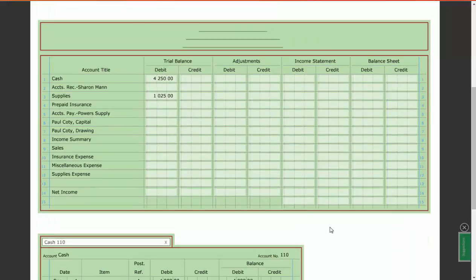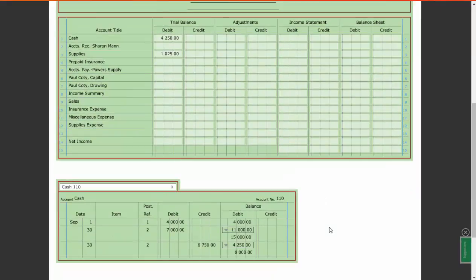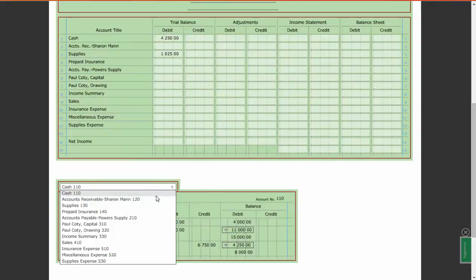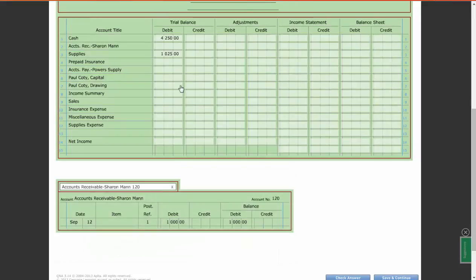Does that make sense? I'm going to make mine just a smidge smaller. So while I'm fixing them, I'm going to put the correct amount up on my worksheet. Otherwise, we'd have to go back and reopen them all to put them back up on top.